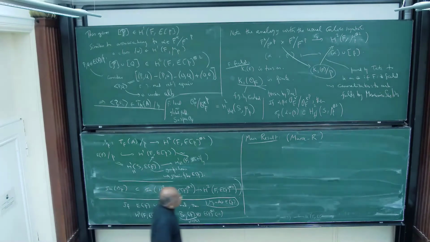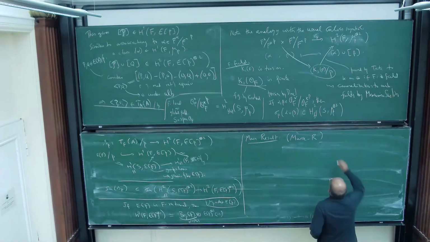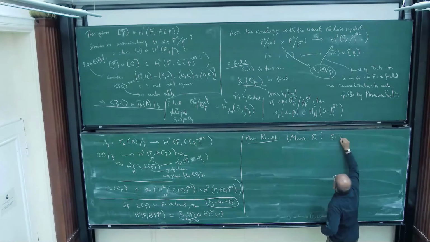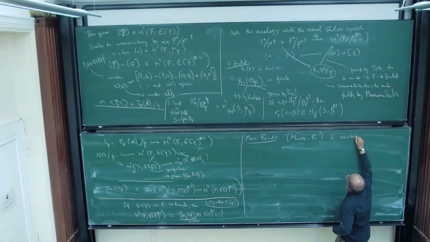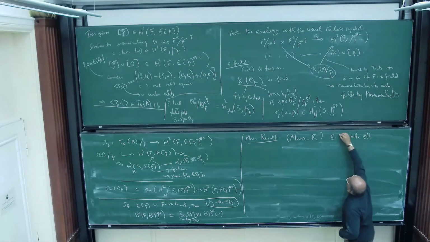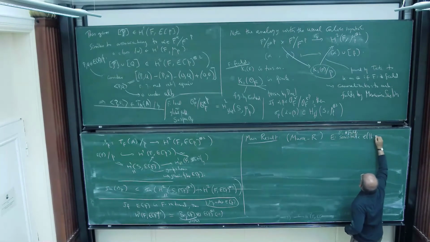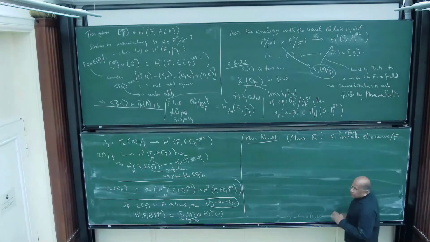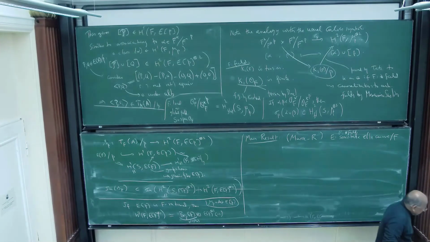So the first thing is that, now let's assume E is a semi-stable elliptic curve over F, where F is a number field. So there is no additive reduction. And additive reduction, maybe it can be done. I have given it to a student to try to do it, but it's actually delicate. It's not trivial. It's not obvious what happens.